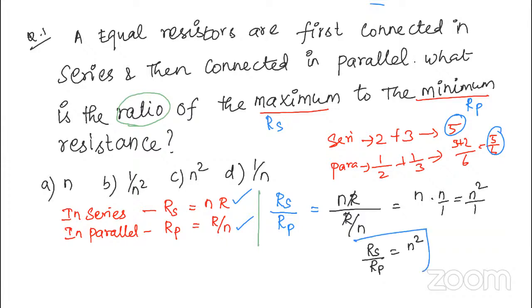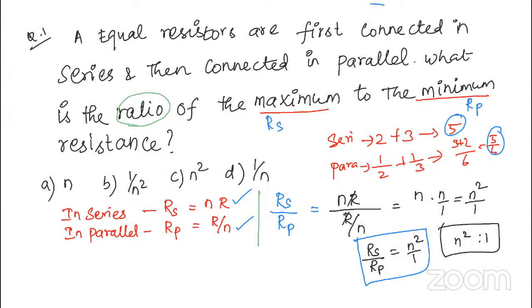Sometimes they are given the ratio values, for example, in the answers they are given in the ratio format, that is N square is to 1.